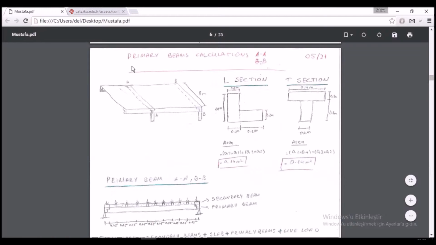At this page, we calculated our primary beams AA and BB. Because our AA beam has a T section and our BB beam has an L section, we first found the areas of the L section and T section.